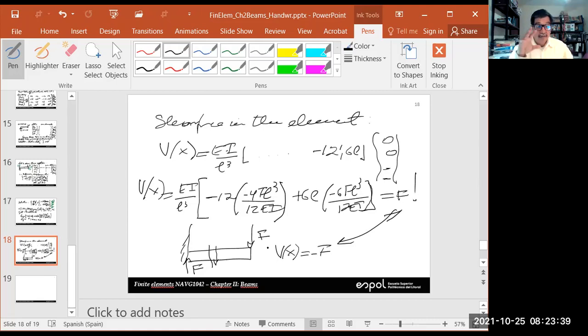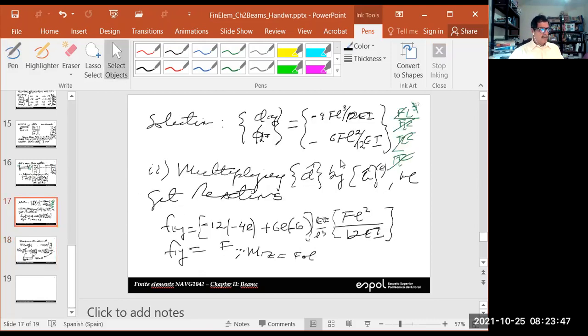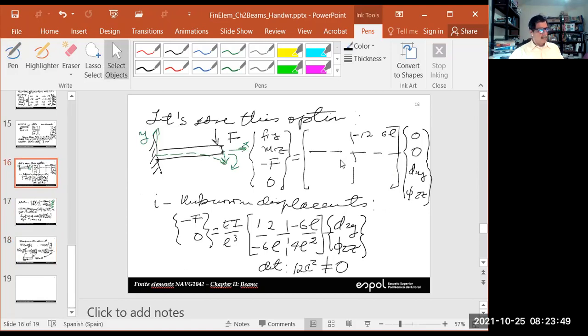So in this case, the solution is exact. Why? If you have this equation, this problem, Mr. Wacon, what's P of X to solve the beam problem? What's P of X? Mr. Wacon, are you there?